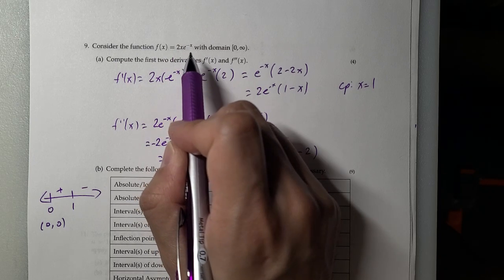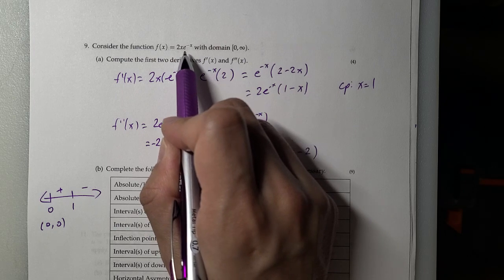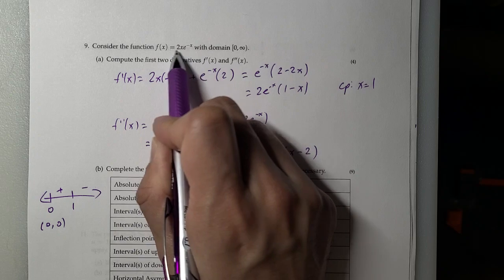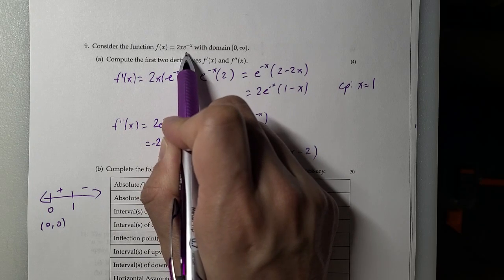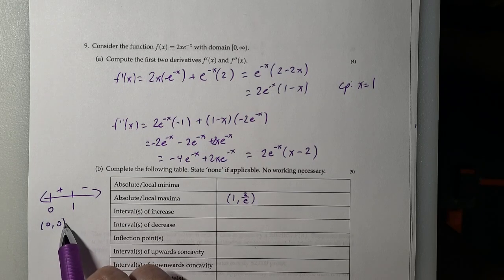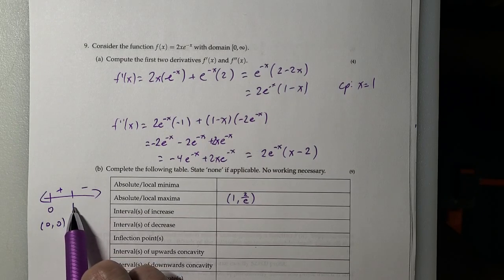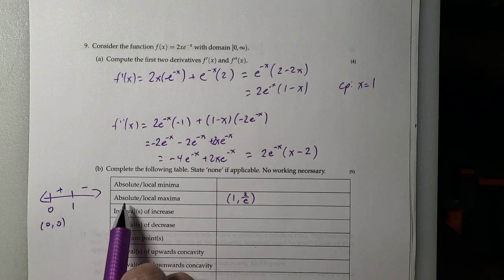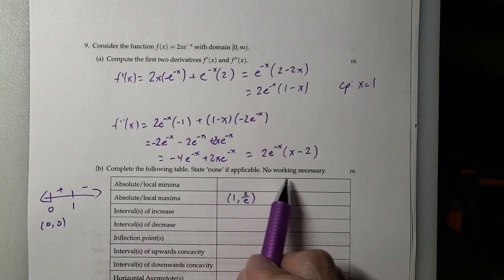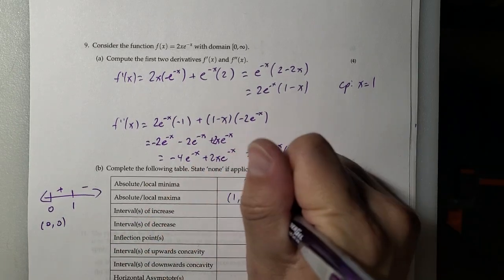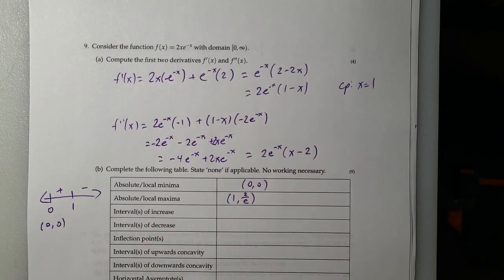Eventually the exponential will dominate, and this guy would approach 0. Notice I said approach 0. This guy is at 0, but as you go from 1 to infinity, the function should approach 0. Luckily, this says no work needs to be shown, so we can just say that the absolute min is at (0, 0).